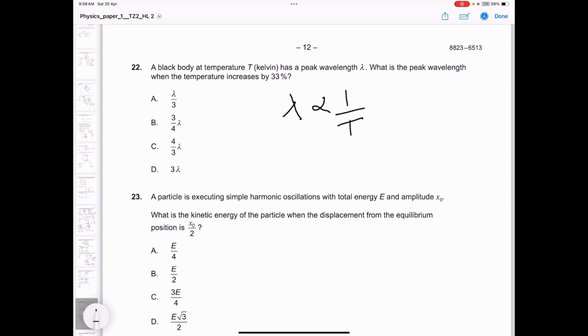So what's the peak wavelength if the temperature increases by 33%? If it increases by 33%, then we're going to have 1 over 1.33 times T. This, of course, is equal to 3/4. So the answer is B.